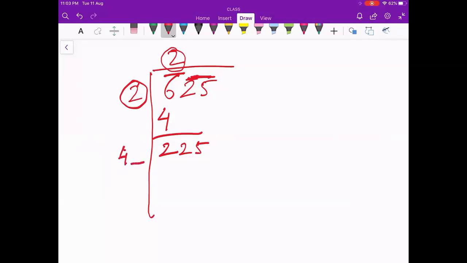Now we have to put one digit here and another digit here. Suppose this digit is A. So 4A into A, we have to take this product, and this should be just less than 225 or equal to 225.